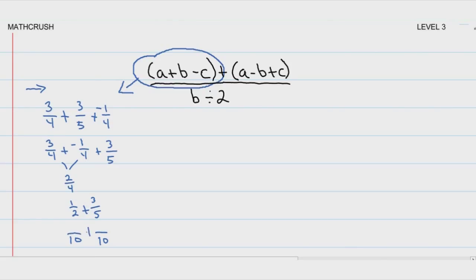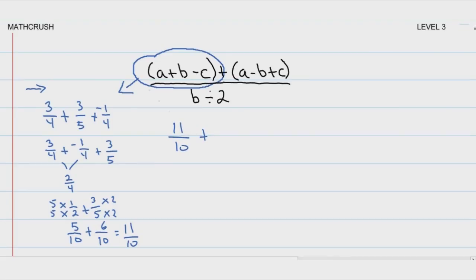And how did I change 5 to 10? Well, you change 2 to 10 by multiplying by 5, and whatever you do to the bottom, you have to do to the top. So this becomes 5/10. How did I change 5 to 10? I multiplied by 2. Whatever I do to the bottom, I have to do to the top. This becomes 6/10, and it equals 11/10. So that little piece we just did equals 11/10.